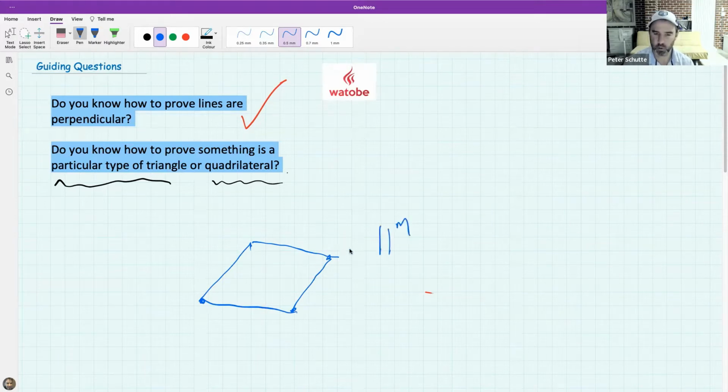What tools or techniques could we maybe use? And again, I'll explain it properly later in the lesson. I'm just giving you a little warm up. What do you think we maybe could use to prove something's a parallelogram? If I've got 4 points.